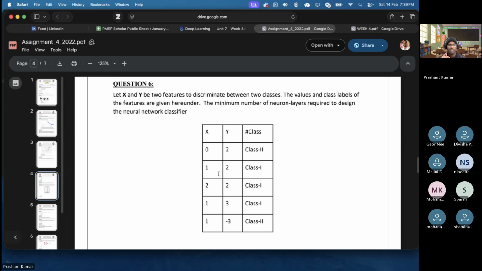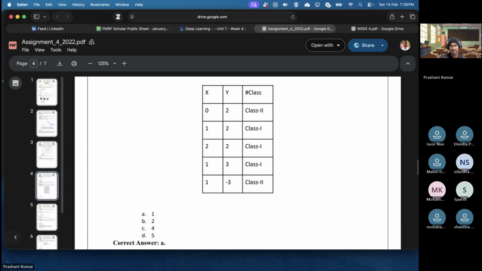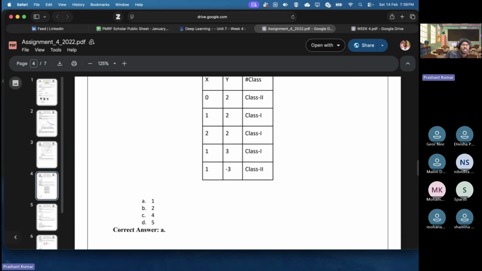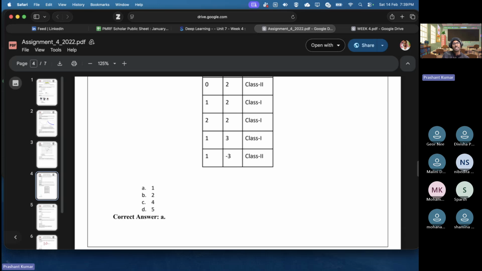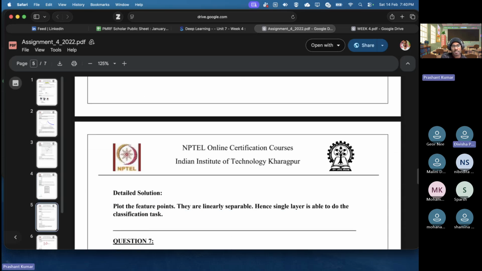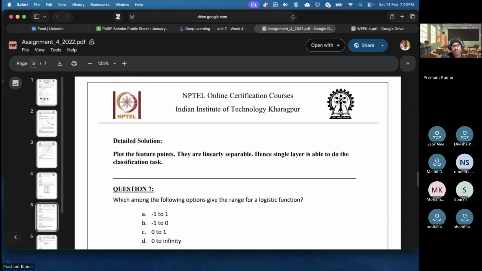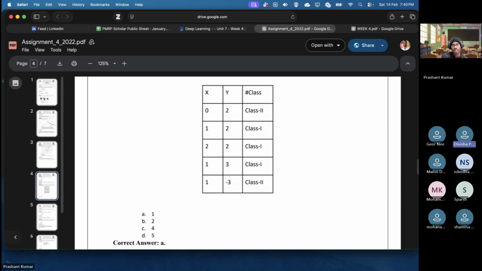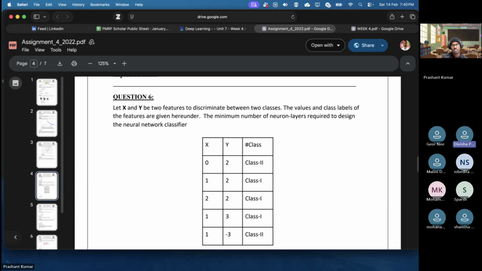So we need one neuron, and option A is correct. Can you please explain the answer? It is linearly separable. Three points of class 1 are on top of the XY plane, and one is on x equal to 0 and one is below. That's why they are linearly separable.